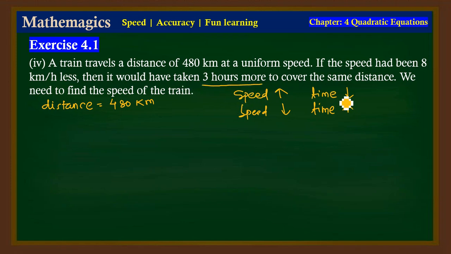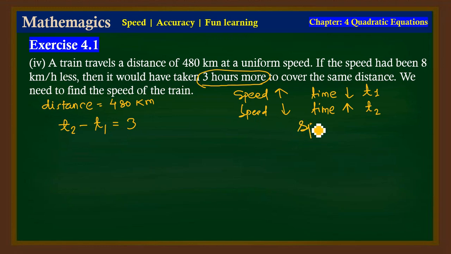So let us consider this time is equal to t1 and this time is equal to t2. Where we are taking more time, that is obviously t2. So according to the rule, t2 minus t1, that is more time minus less time, is equal to 3 hours more. It means the answer is equal to 3. But before the difference, we must have the knowledge regarding the time.